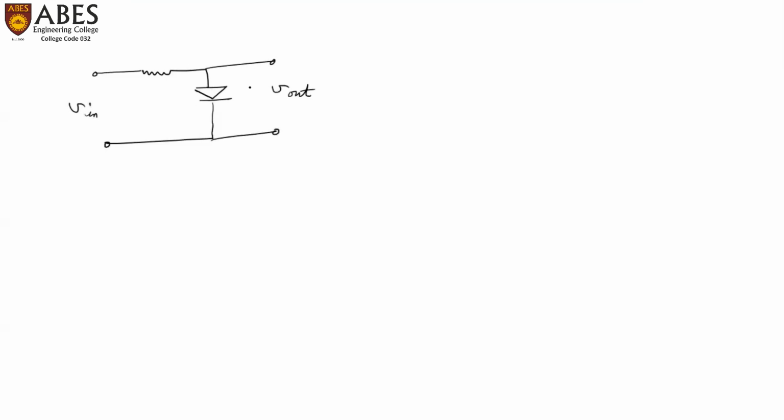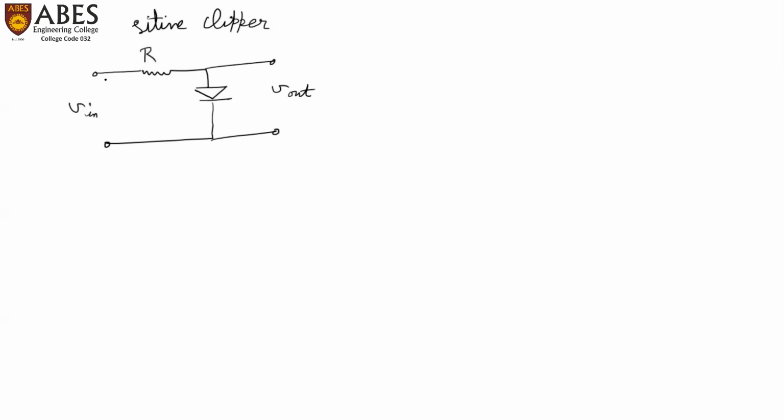Because we have to first make the positive clipper, and then from that positive clipper we have to provide some biasing to make it a biased positive clipper, so that some portion of the positive half cycle can be cut. So first of all, recheck whether this is a positive clipper or a negative clipper.